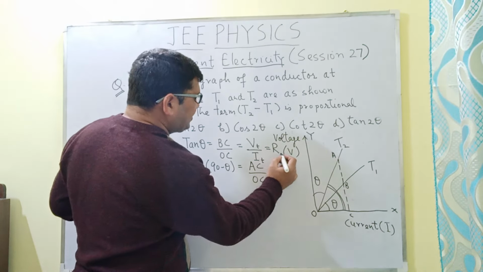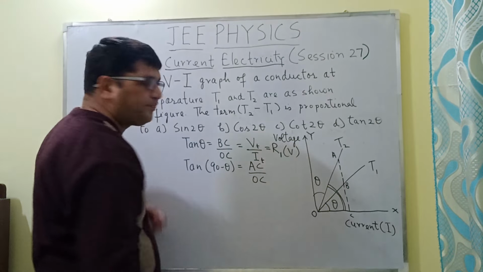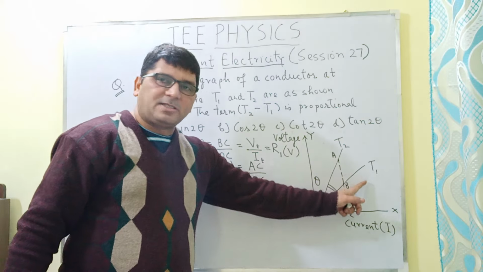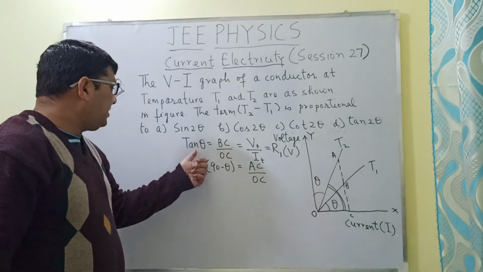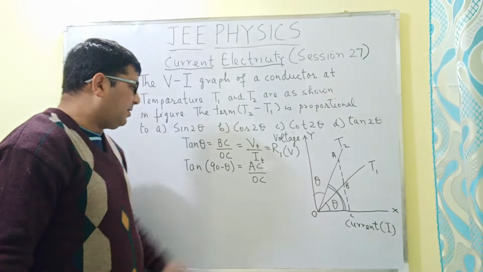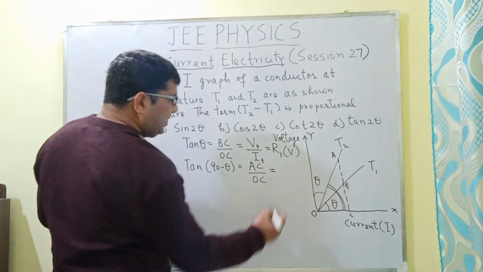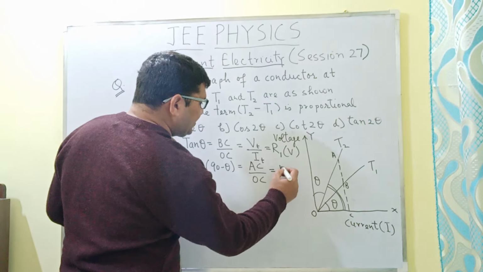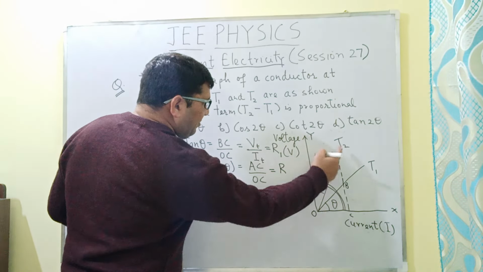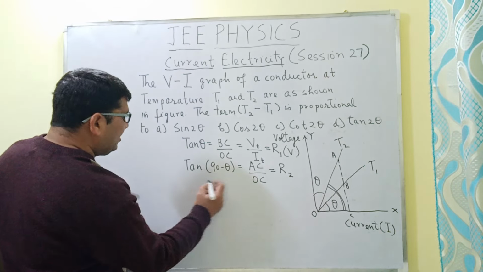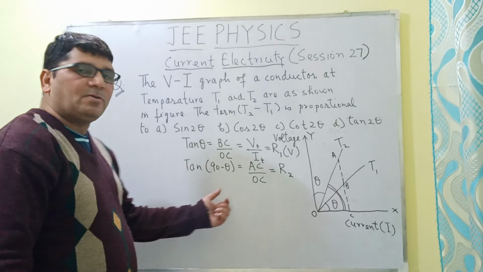Let us say this resistance is R1. So R1 is the resistance of this conductor at temperature T1, and it is given by tan theta. Similarly, tan 90 minus theta is equal to AC upon OC, and this will be equal to the resistance of the conductor at temperature T2, say it is R2. Tan 90 minus theta is equal to cot theta.